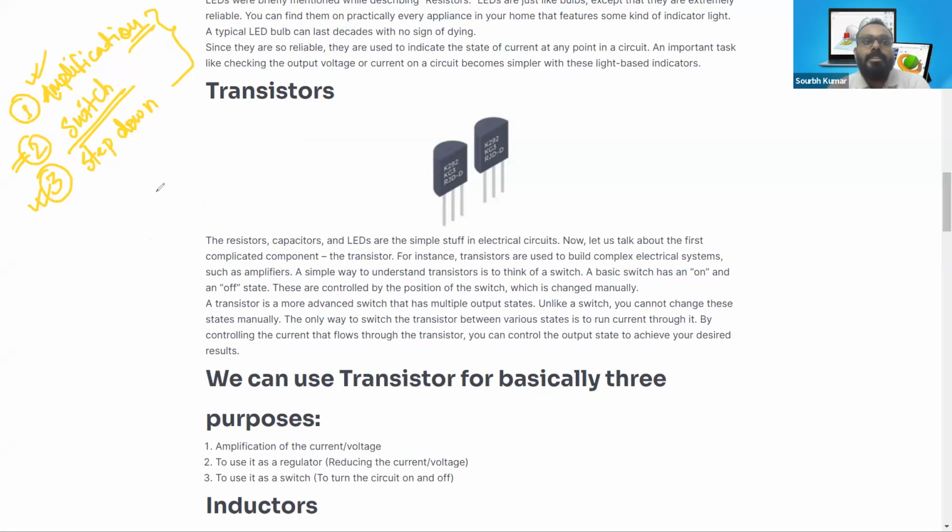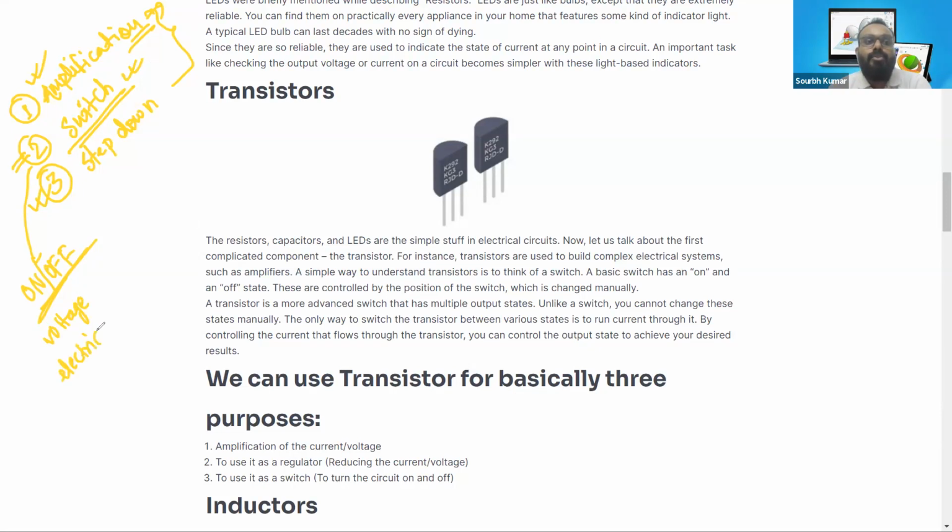And the second, most important reason is switching the circuitry on and off. By switching, I only mean turning something on and off for certain durations at some point in time. And amplification can be done to step up the voltage or any electrical signals.